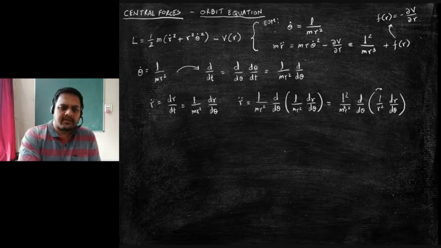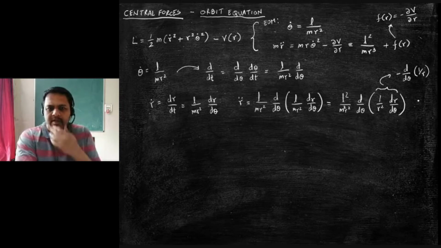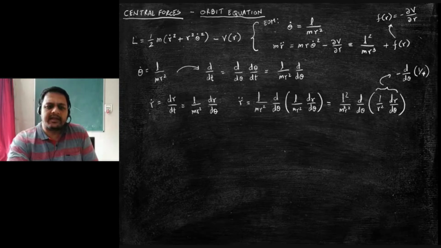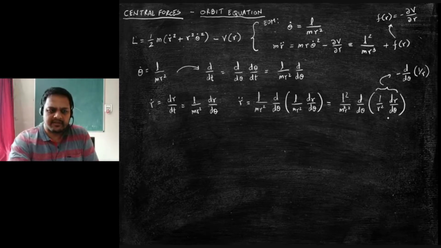If you examine the quantity inside the bracket, you will find that this is the same as minus d by d theta of 1 by r. This is clear because if you do d by d theta of 1 by r, you are going to get minus 1 by r square into dr by d theta. And this minus takes care of that minus, and therefore you are left with this.